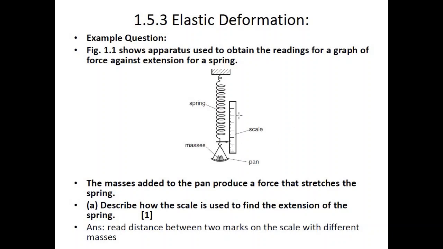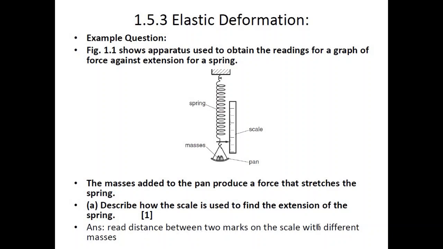Simply, we take the reading with an empty pan, when the spring is in its original position, and then we take a reading with some mass in the pan, meaning by applying some weight or force or load on the spring. We take both readings using the same scale, and then we subtract them to find by how many units the spring has extended.